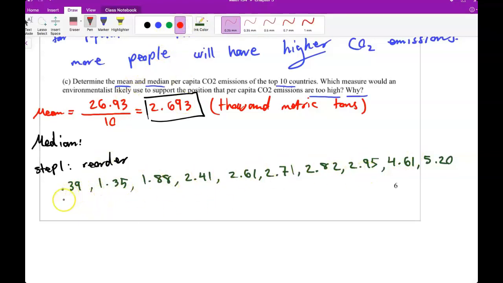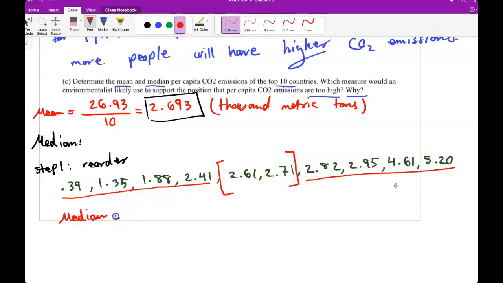So in total we have 10. So 1, 2, 3, 4 from the side, 1, 2, 3, 4 from the other side. What we have in between these two numbers, so median is 2.61 plus 2.71 divided by 2. It's 5.32 divided by 2, again in metric tons.